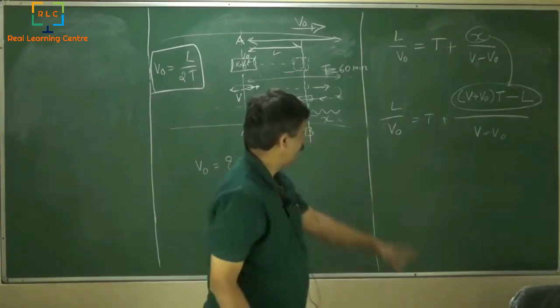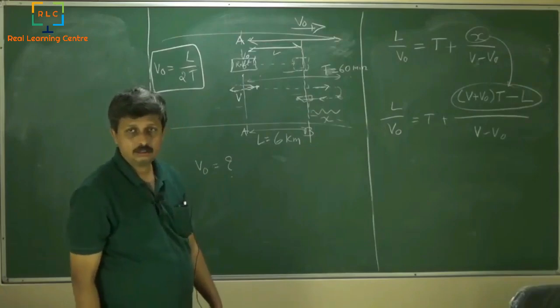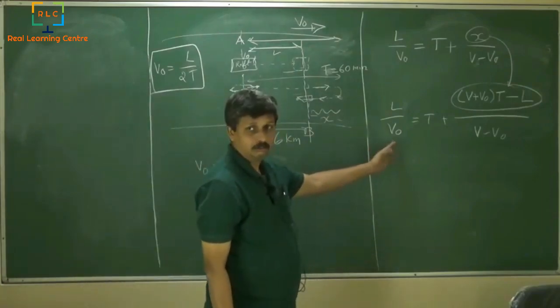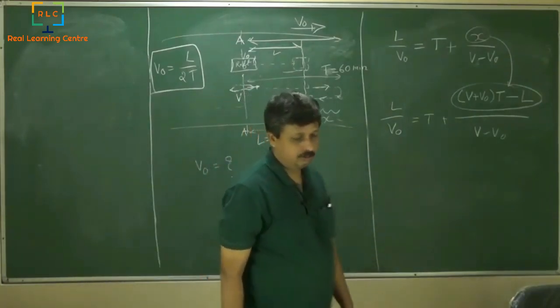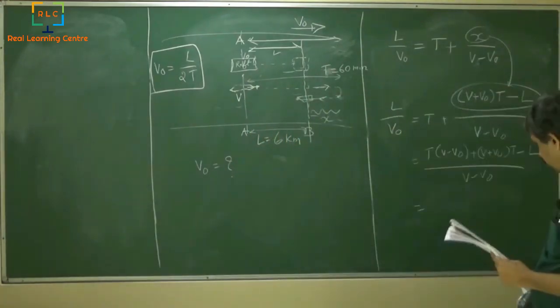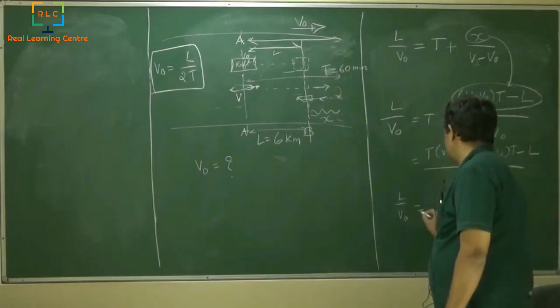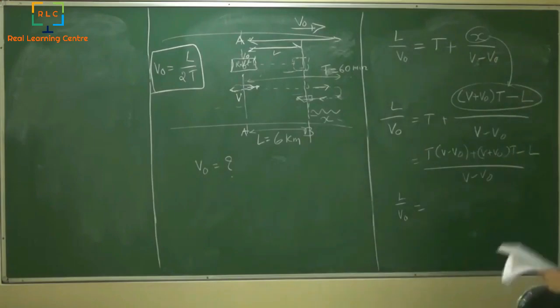So just solve it for v0. Algebra, guys. So what happens to the top here?